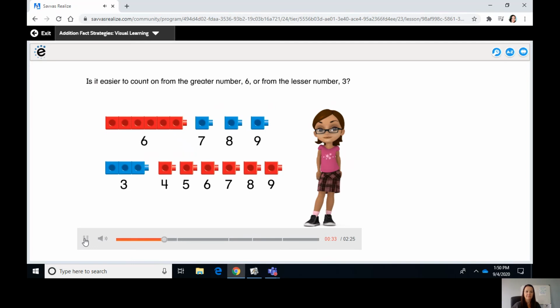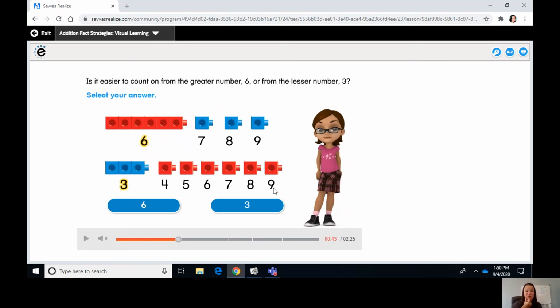Is it easier to count on from the greater number, 6, or from the lesser number, 3? What do you think, friends? Do you think it's easier if you start with 6? Select your answer. And you count 7, 8, 9? Do you think that's easier, or do you think it's easier if you start with 3 and then count 4, 5, 6, 7, 8, 9?